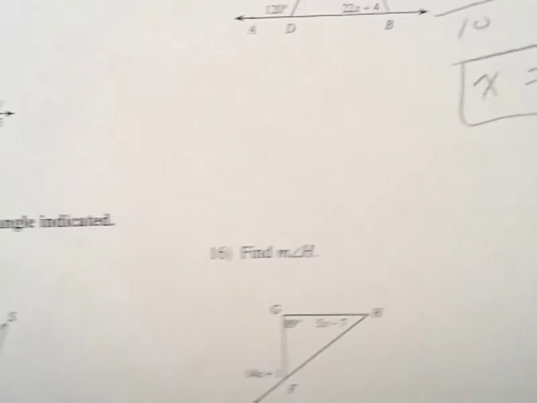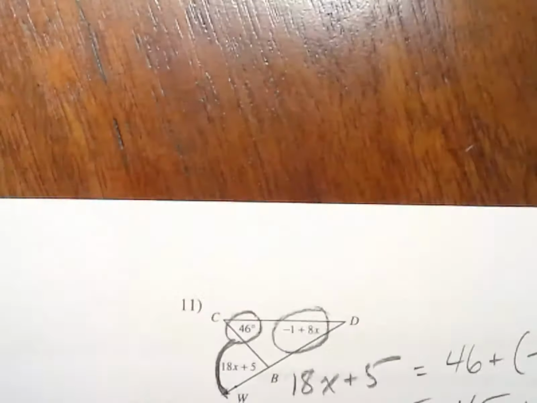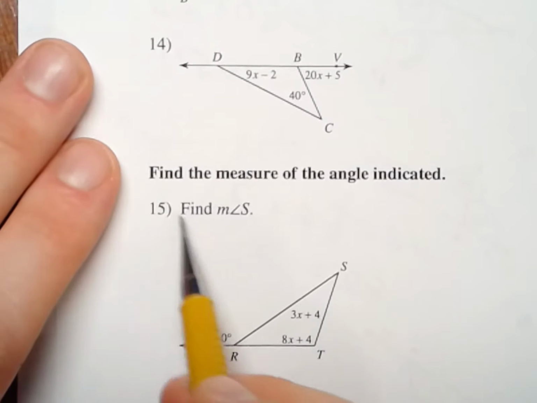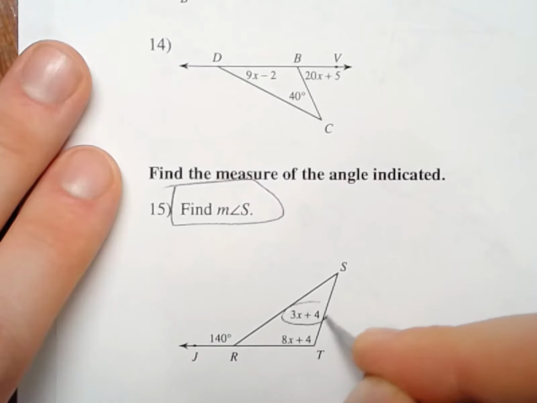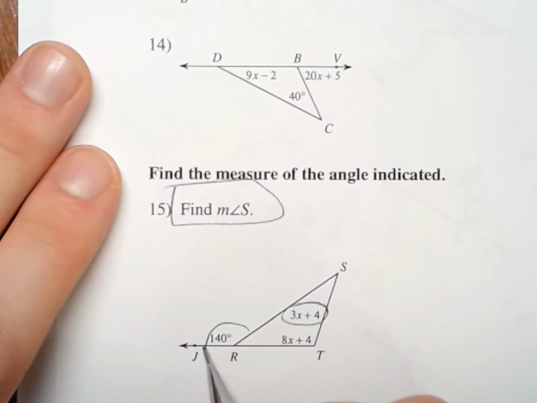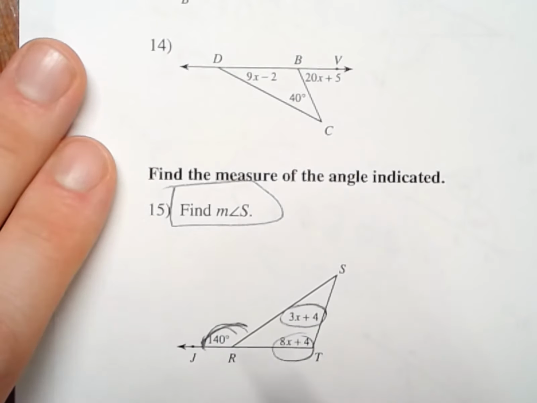Let's do one like this. Let's do this one right here, and we're being asked to find the measure of angle S. Angle S is up here. Angle S is represented by 3x plus 4. So I know that the two remote interior angles are going to equal the exterior.